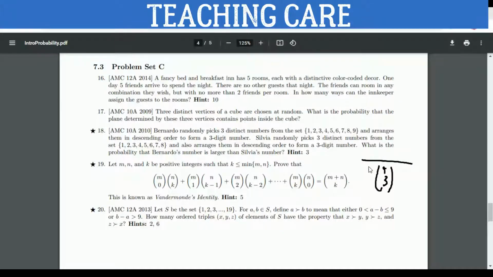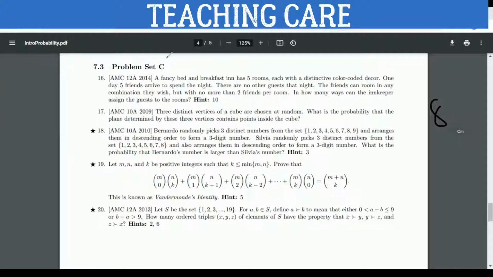When he picks a 9, it is guaranteed that his number will be larger than the previous, correct? So the probability of picking a 9 will be 1 times 8C2 divided by 9C3. Why 8C2?